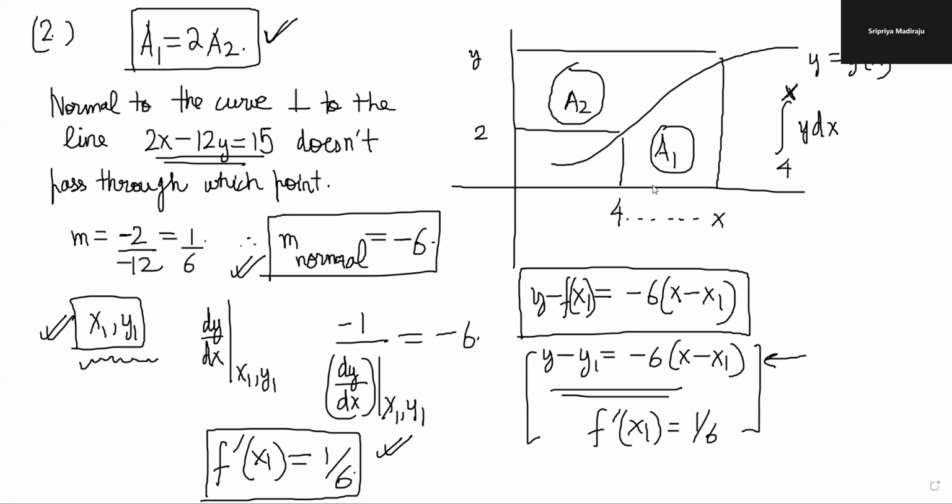No, I was just figuring out how to find the area. I don't understand, I got it now. How is that not clear? This should be clear, right? This area is A1.